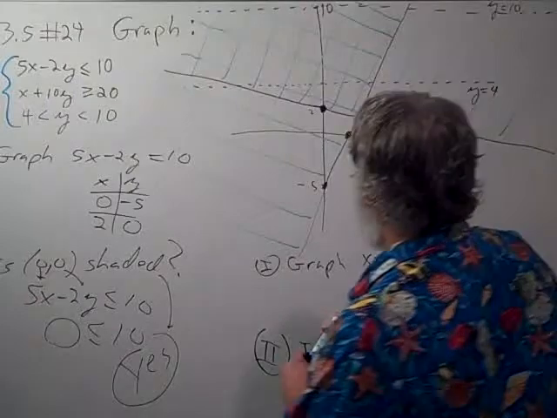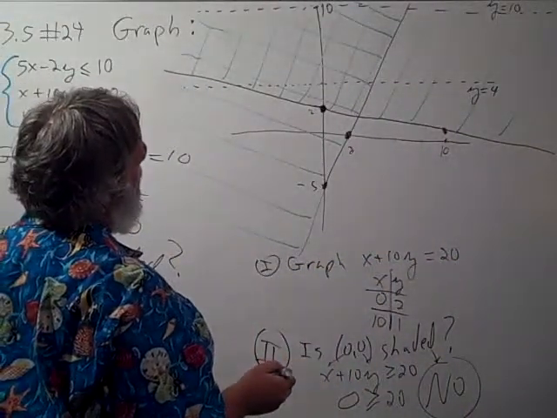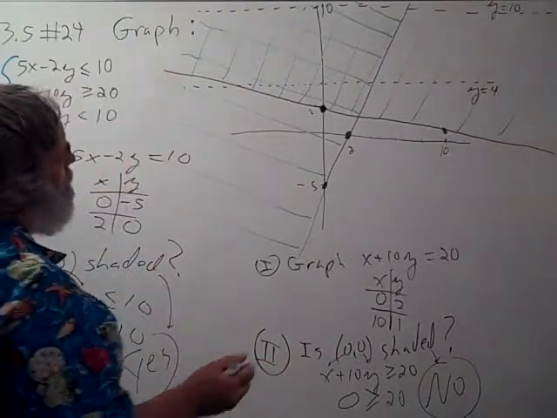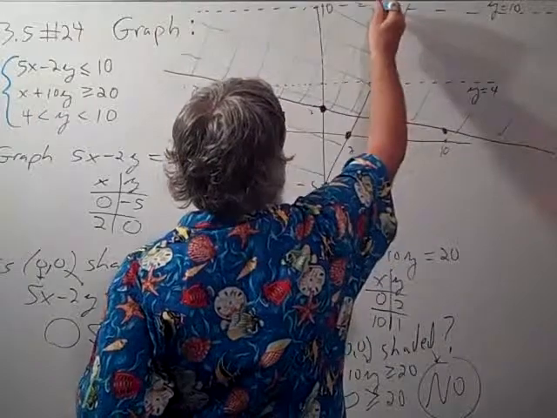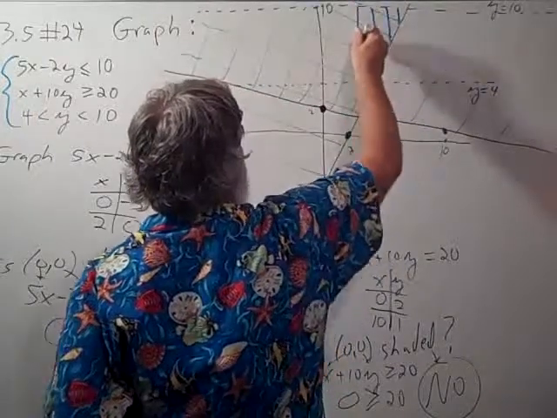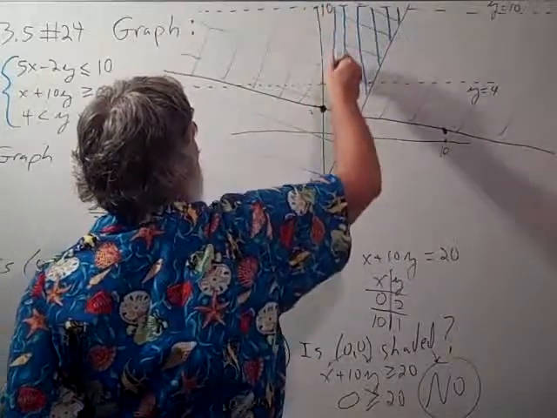So the solution set is the region between these two lines, and I'll just graph the part of it that was already shaded in both of the previous solution set graphs so that you can more easily see.